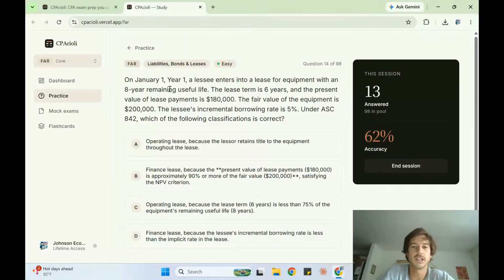Lease payment is $180,000. Fair value of the equipment is $200,000. Under ASC 842, which of the following classifications is correct?